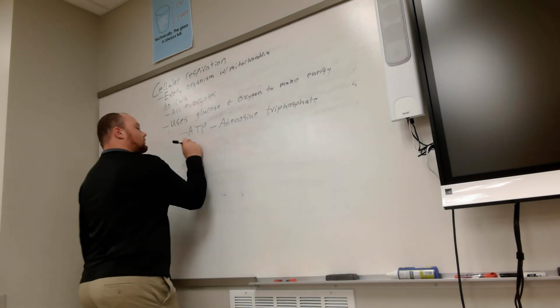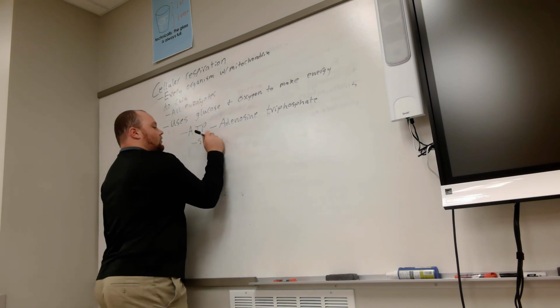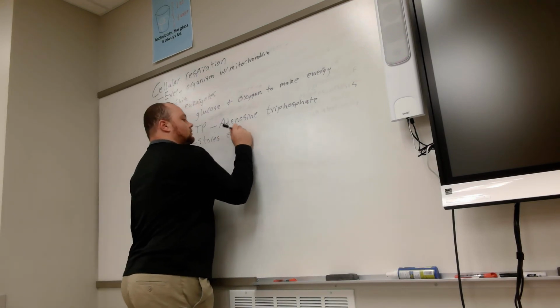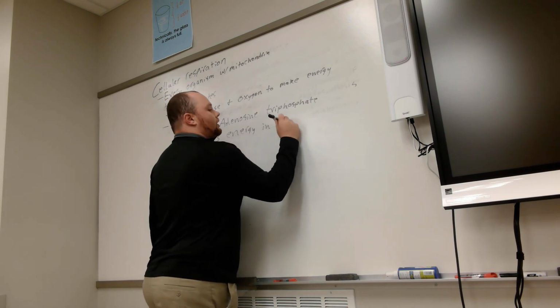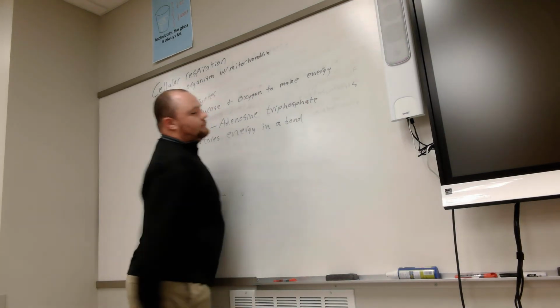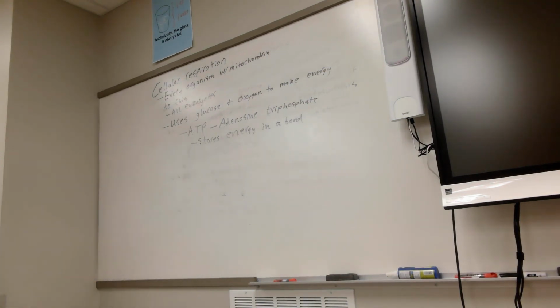And this stores energy in a bond. So when we break that bond, it releases the energy and you're able to use it. So we're breaking down glucose and we need oxygen and we make energy.